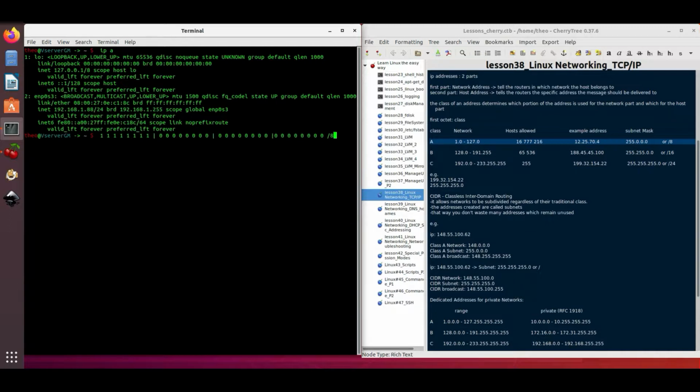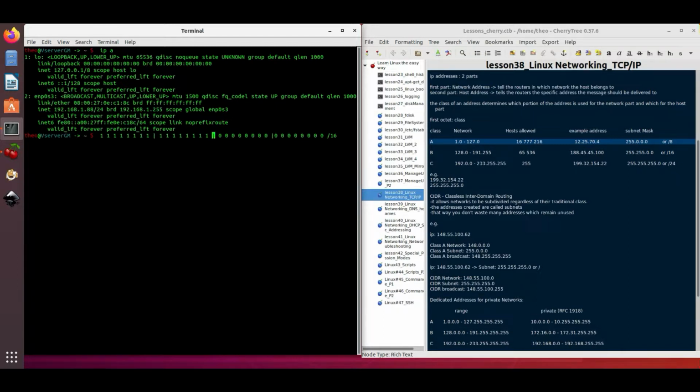If the address would be /16, that would mean that the number of ones in the second octet are also 8. So you have overall 16 times the bit 1.